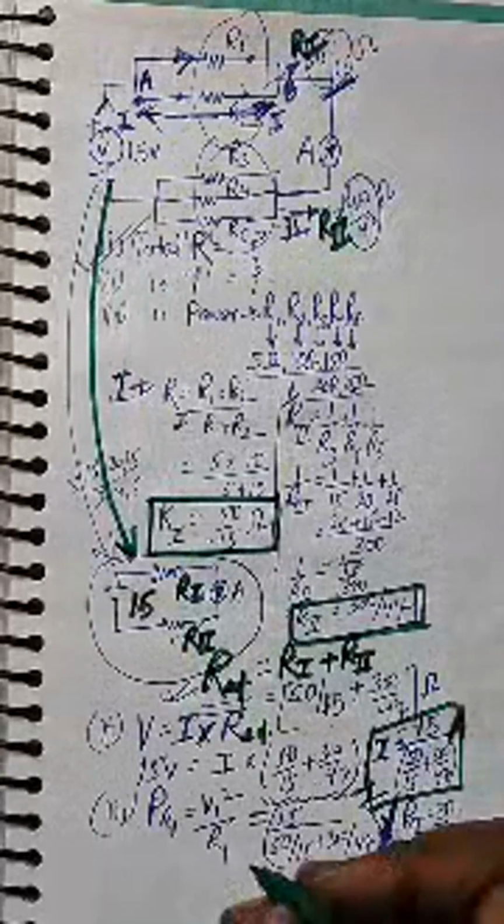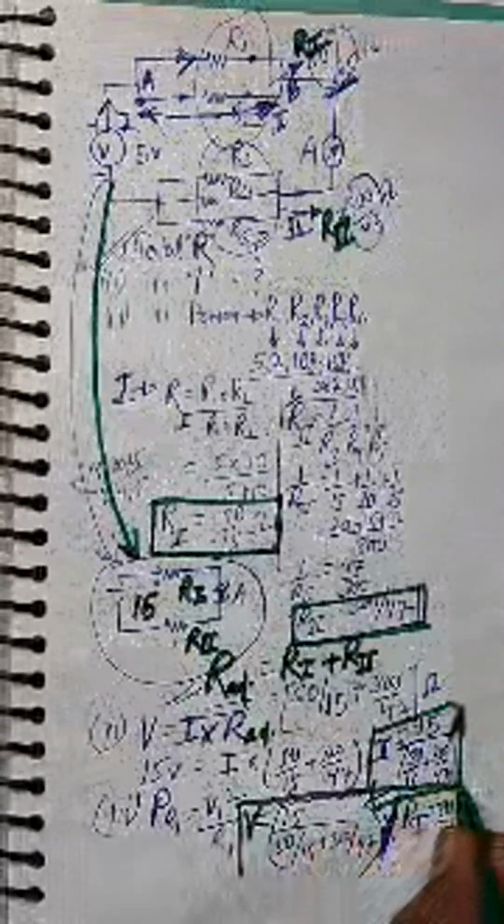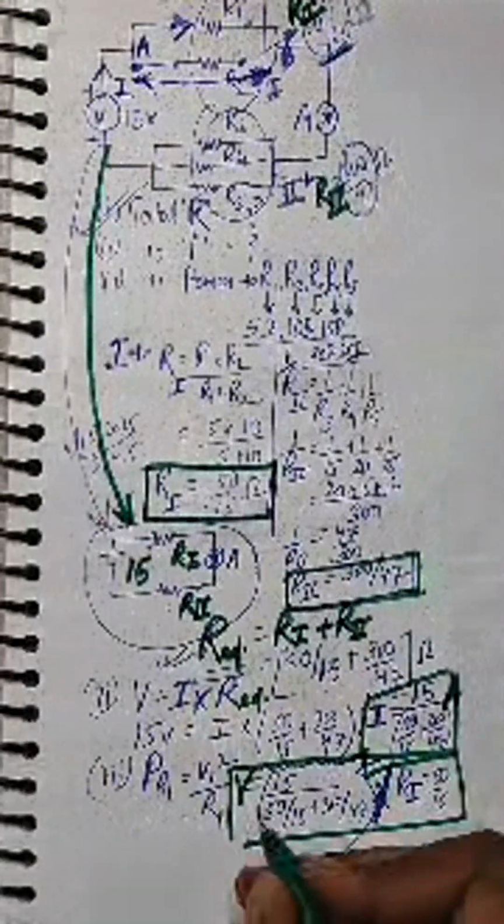No, V square divided by R1, not multiplied, divided by R1, and the voltage squared. I into R equivalent will give you the voltage. And this voltage, when you put into this formula, you will get V1, right?